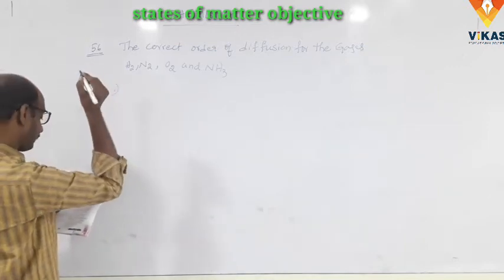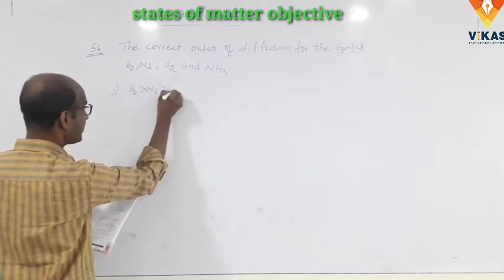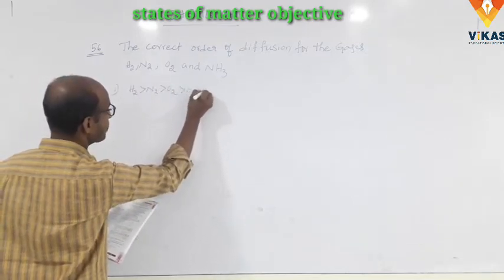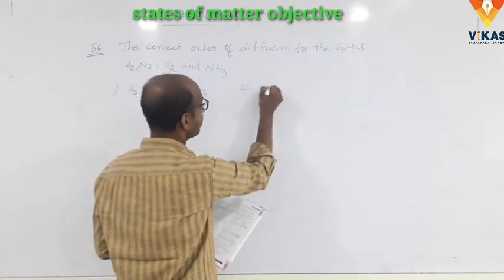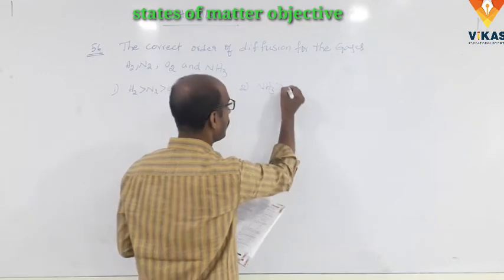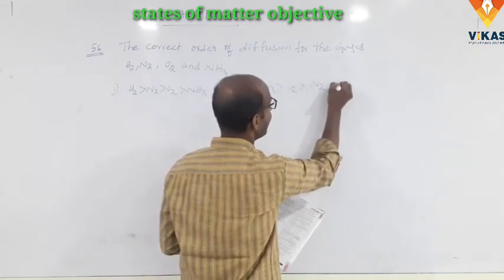Option 1: H2 is greater than N2, is greater than O2, is greater than NH3. Second option: NH3 is greater than O2, is greater than N2, is greater than H2.